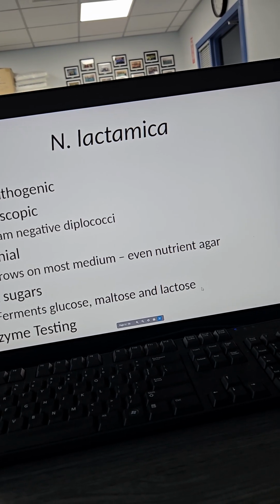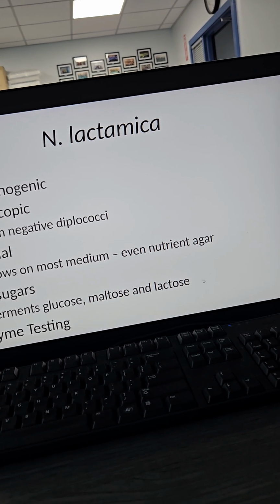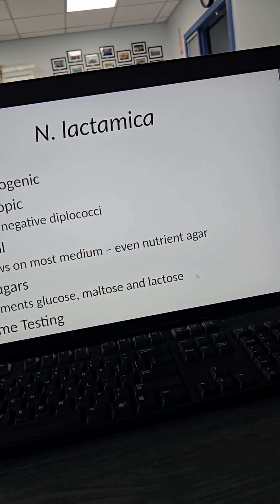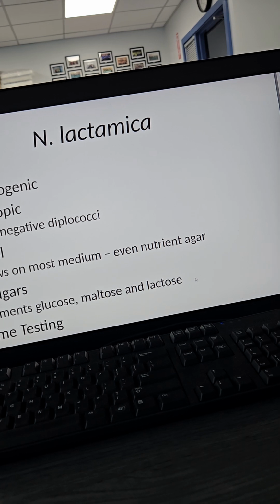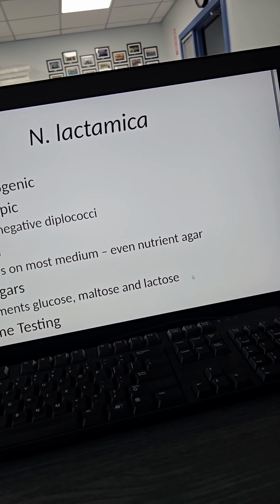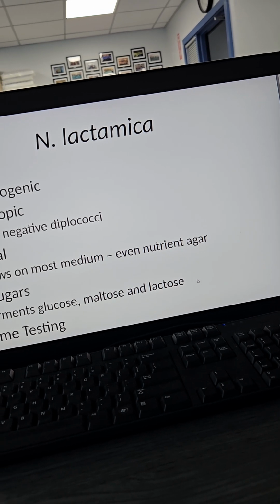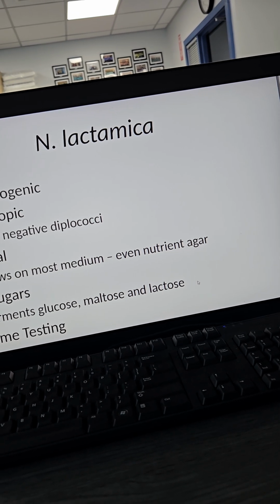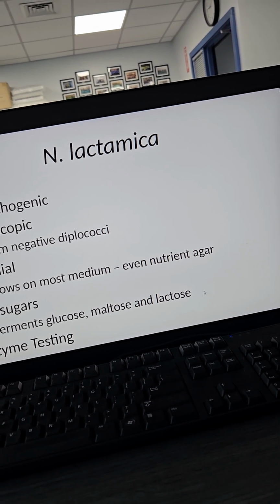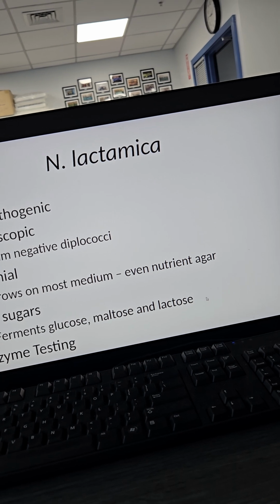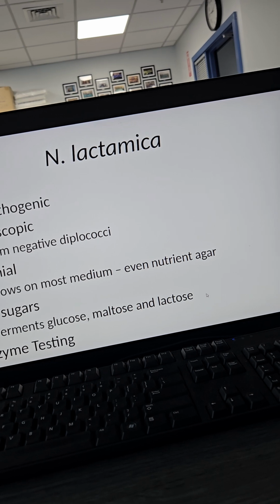So what we can do for that is we can also do something called ONPG, these are all capital letters: capital O, capital N, capital P, capital G. And we do that to differentiate between Neisseria meningitidis and Neisseria lactamica at 24 hours, because it could be a slow lactose fermenter.